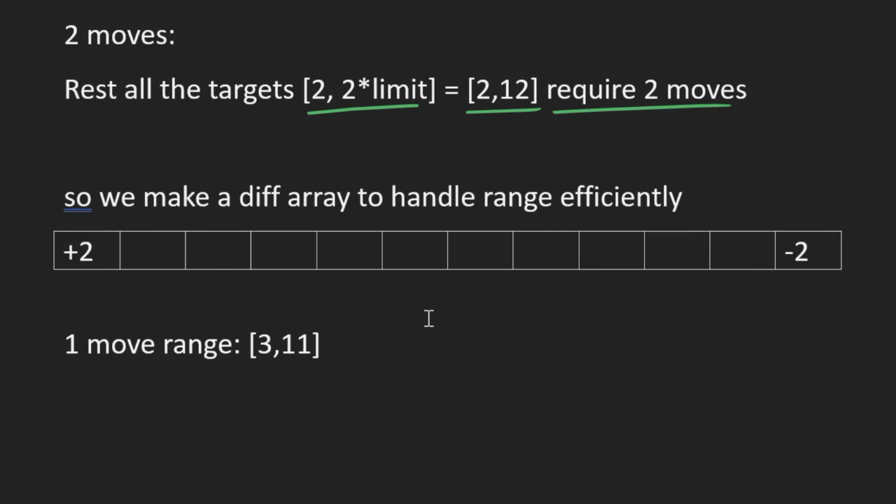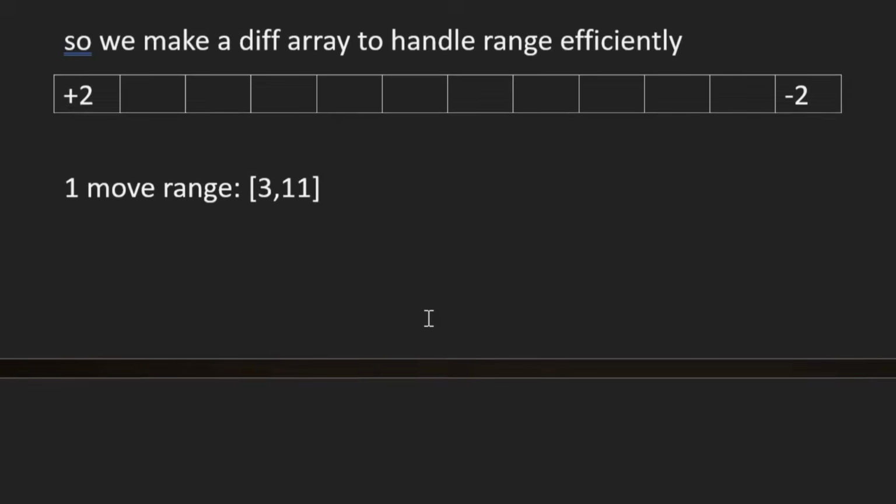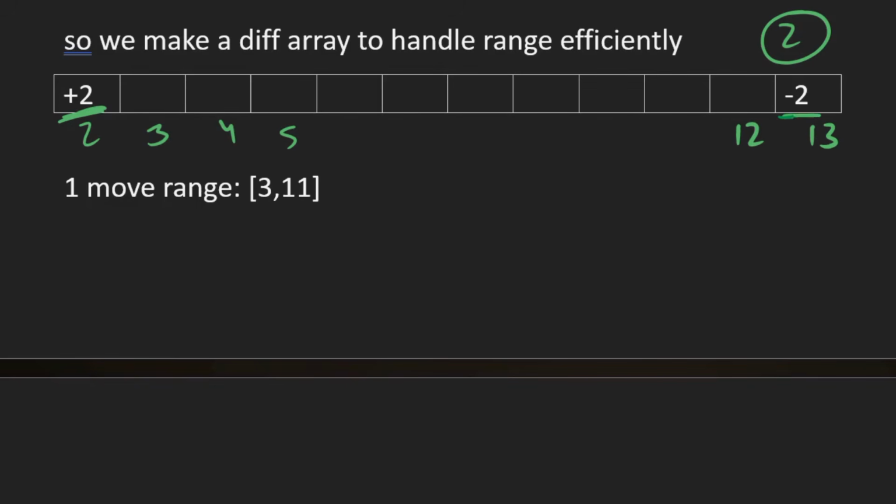So let's see how we'll handle these ranges using a difference array. Initially we assume all the target sums from 2 to 12 will require two changes. So we put plus 2 here and minus 2 at 13, because all the sums from 2 to 12 require two moves, right?